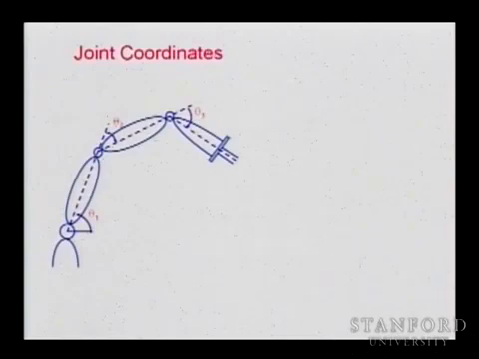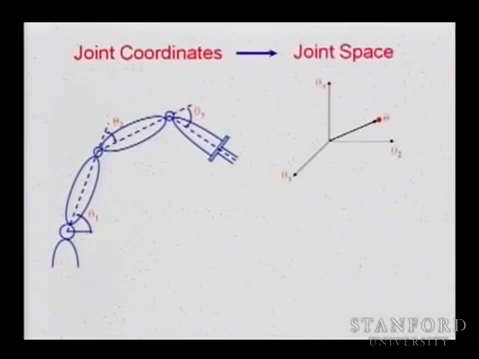So one way to think about it is to represent this whole manipulator as a point in a 3-dimensional space, and that space is theta 1, theta 2, theta 3. And that would be the joint space, where this point, theta, which is the vector theta 1, theta 2, theta 3, represents the configuration of this manipulator.